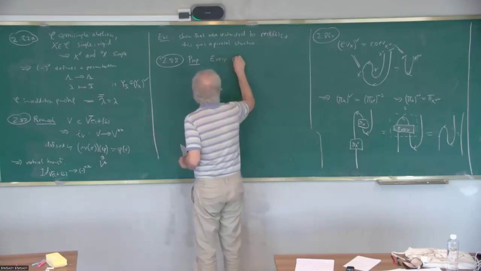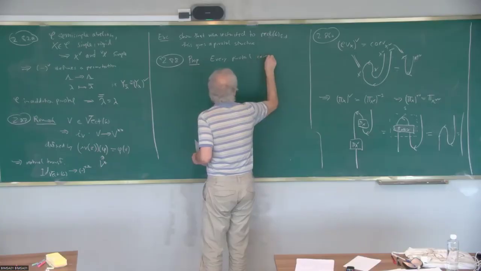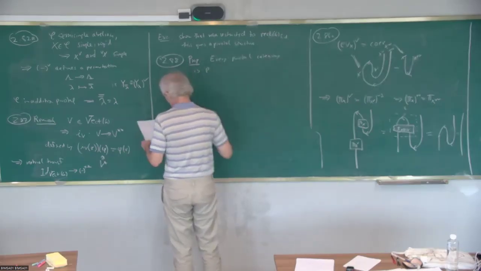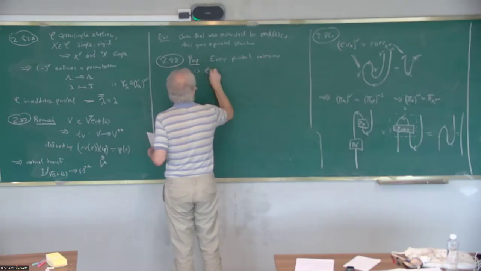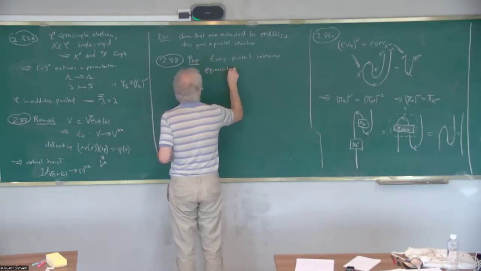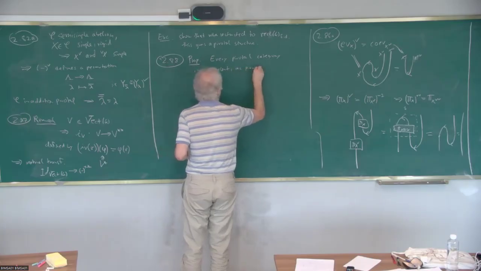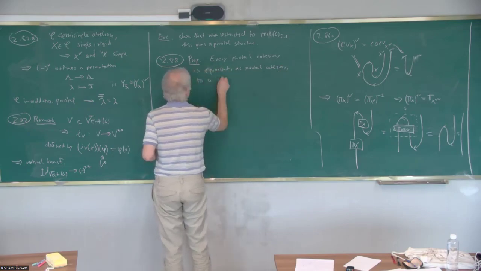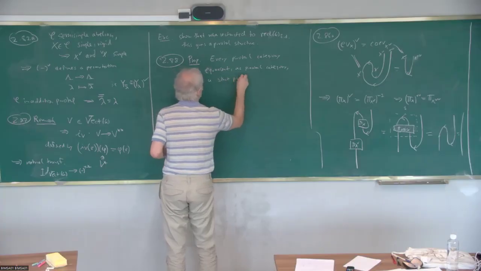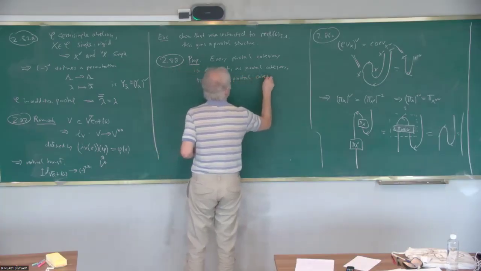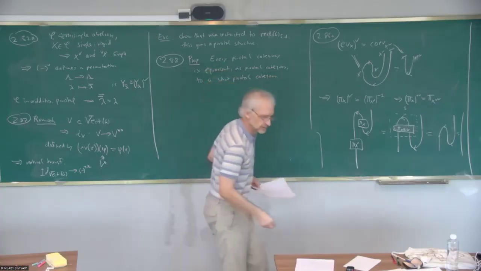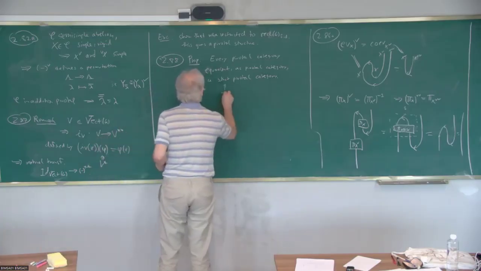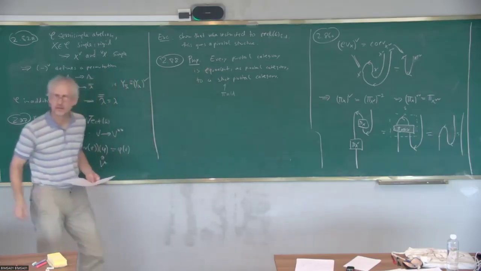Every pivotal monoidal category is equivalent as a pivotal monoidal category to a strict pivotal category, where strict simply means that I is equal to the identity functor.